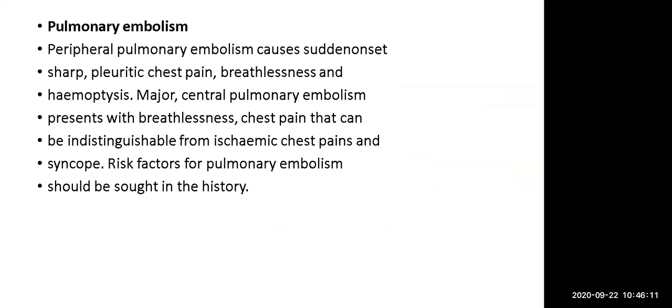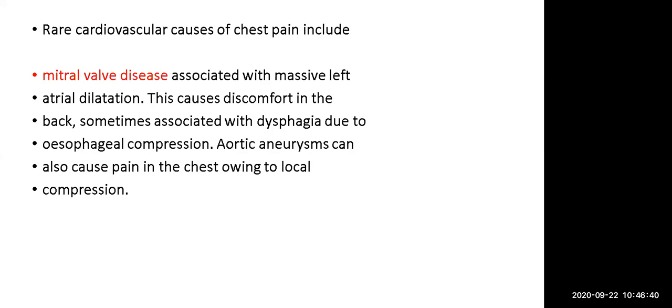Pulmonary embolism causes sudden, sharp, pleuritic chest pain, breathlessness, and hemoptysis. Central pulmonary embolism presents with breathlessness, chest pain that can be indistinguishable from ischemic chest pain, and syncope. Risk factors for pulmonary embolism should be sought in the history.